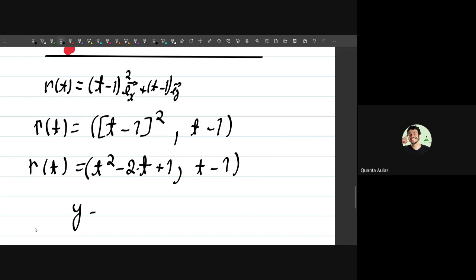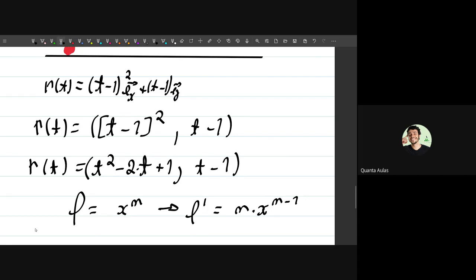If you have a function like x to the power of n, where n is a number, the derivative is n times x to the power of n minus 1. N times x to the power of n minus 1.